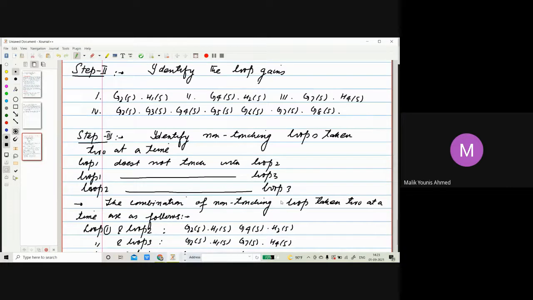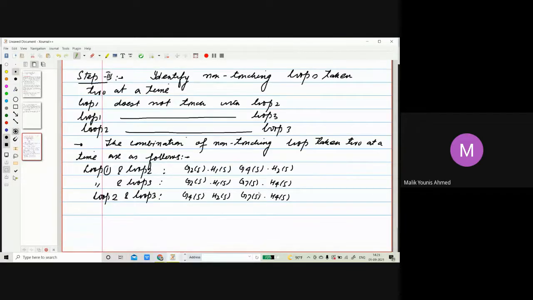Loop gains we have written. 1 is not touching with 2. You multiply it. 1 with 3, 2 with 3. So 3 combinations are possible.